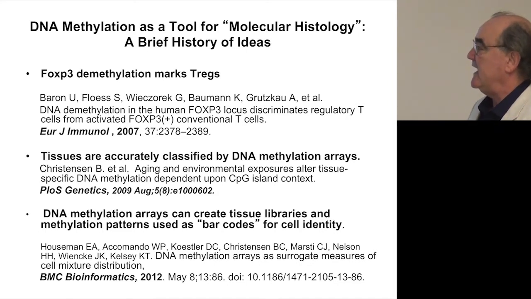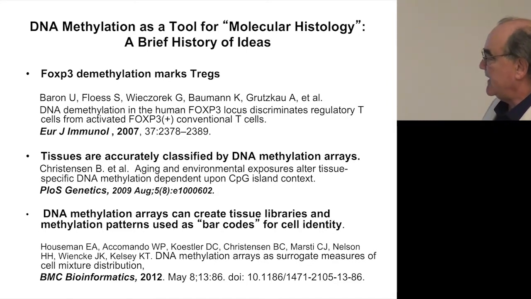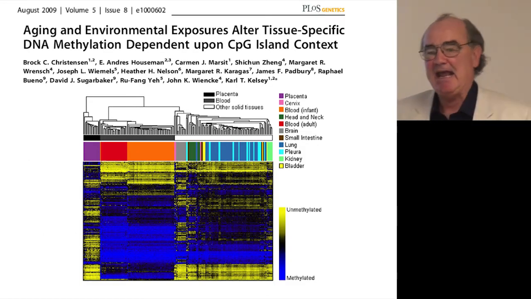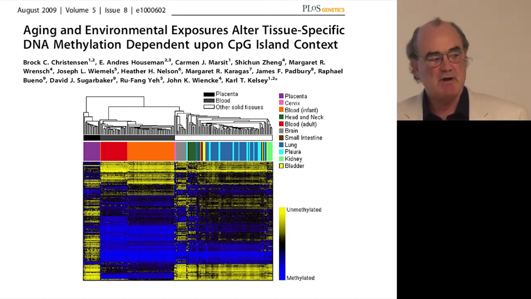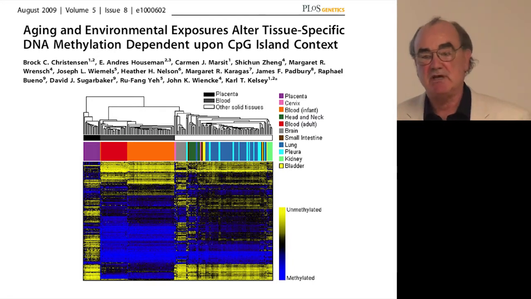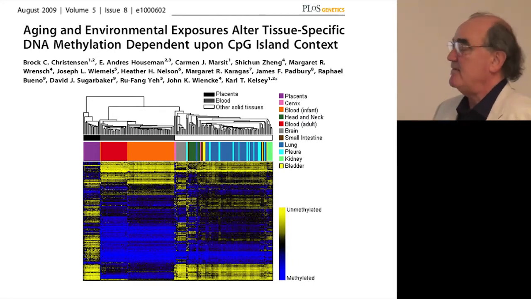That kind of got us thinking about methylation as a very specific mark of a lineage of cells. And then a few years later, a postdoc, now assistant professor at Dartmouth, Brock Christensen, did this study and published this in PLOS Genetics. We were just starting to use the array approach, the Illumina arrays, for doing methylation analysis in tissues. And we just got the idea, let's just look at a bunch of normal tissues and see what they look like.